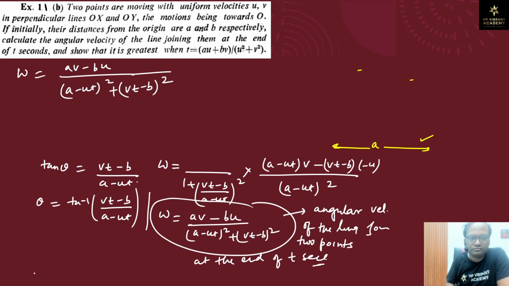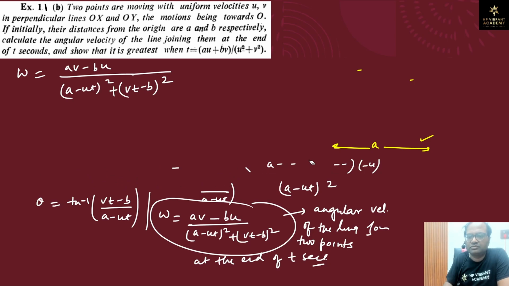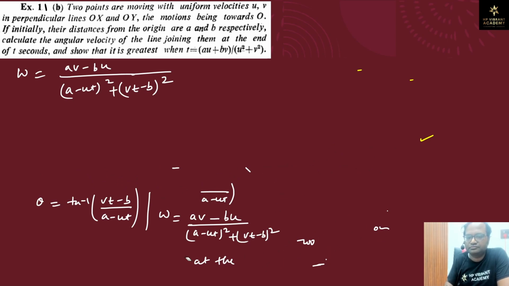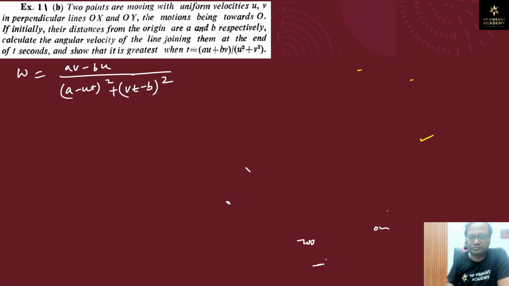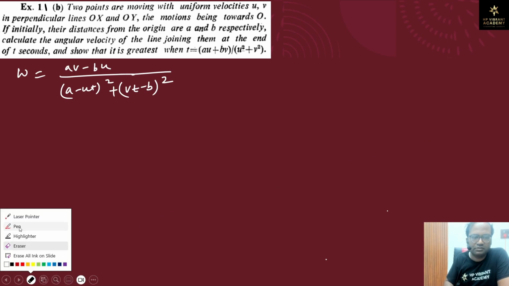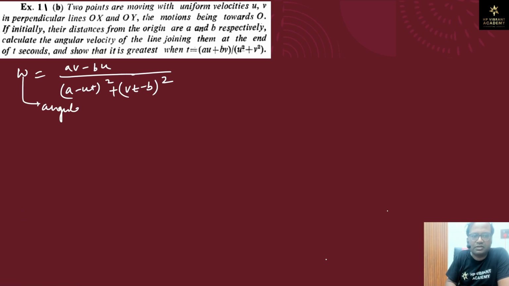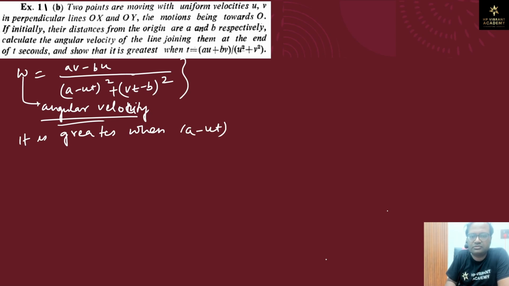Now let us find when it is greatest. This is greatest when the denominator is least, that is, when (A minus UT) whole square plus (VT minus B) whole square is least.